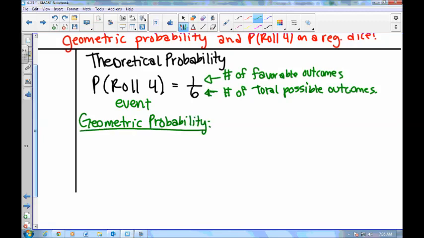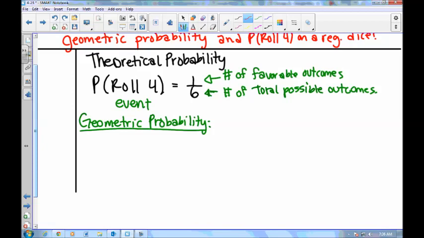Okay, so geometric probability, the definition, thank you, is the ratio that involves geometric measures such as length and area. Because in geometry we use a lot of shapes, right? Like triangles and circles and line segments. So measuring one-dimensionally, that would be length. Two-dimensionally would be area.